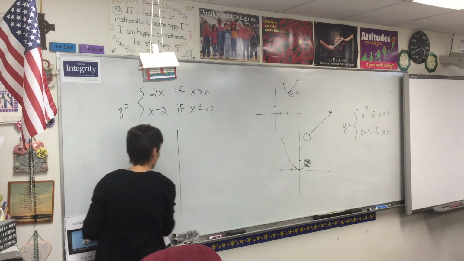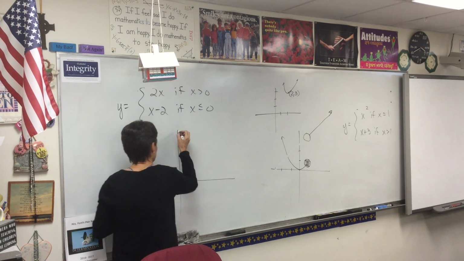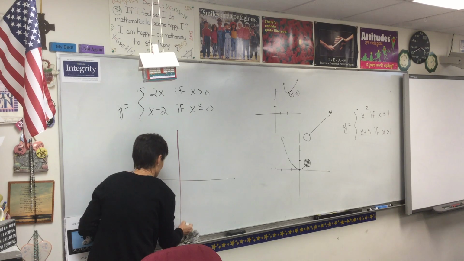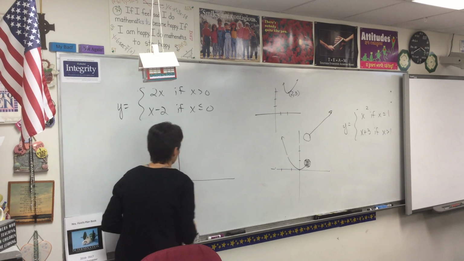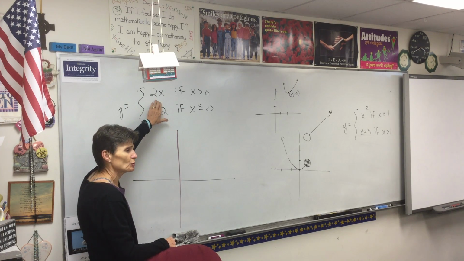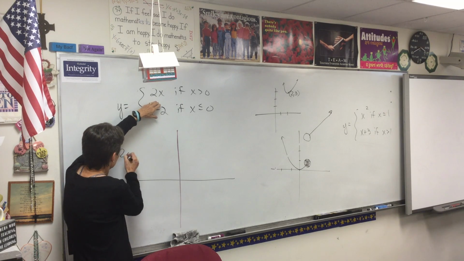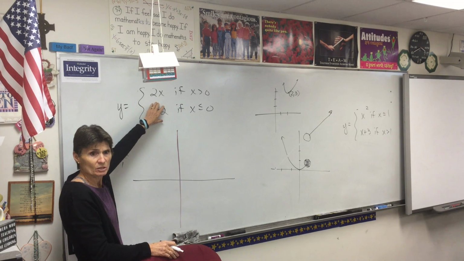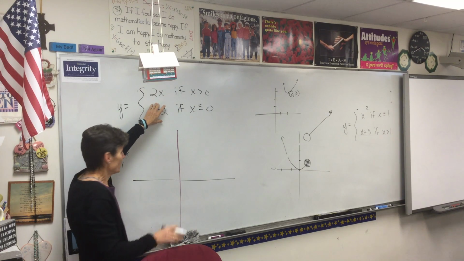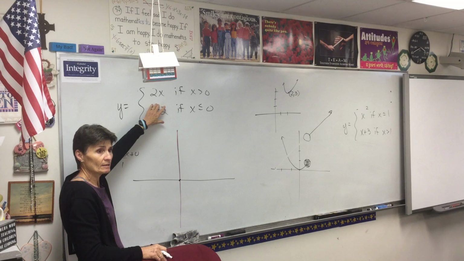All right, so this time my dividing line is a little harder to see because it's actually the axis. That's my dividing line. What's that? 2x. That's a line with a slope of 2 over 1, and it starts at the origin because there's no plus b on the end of it.